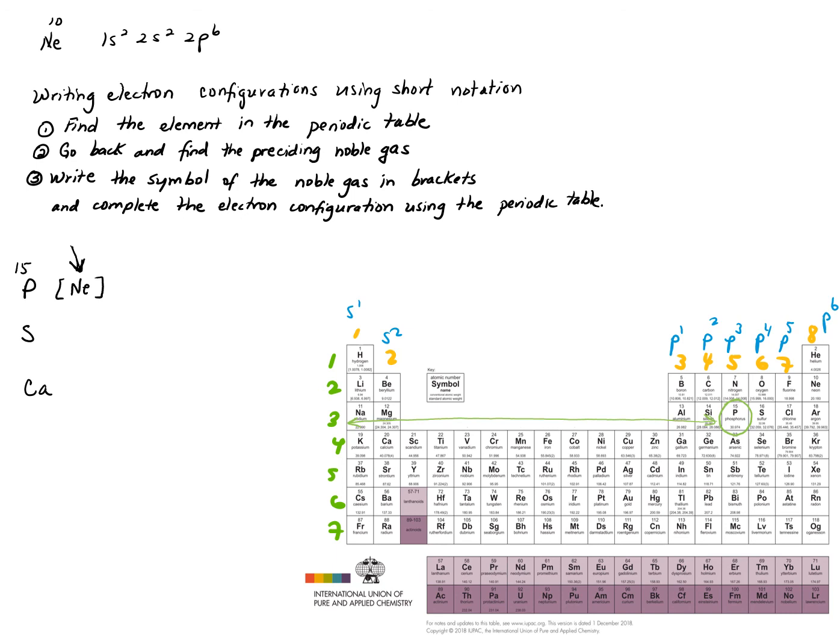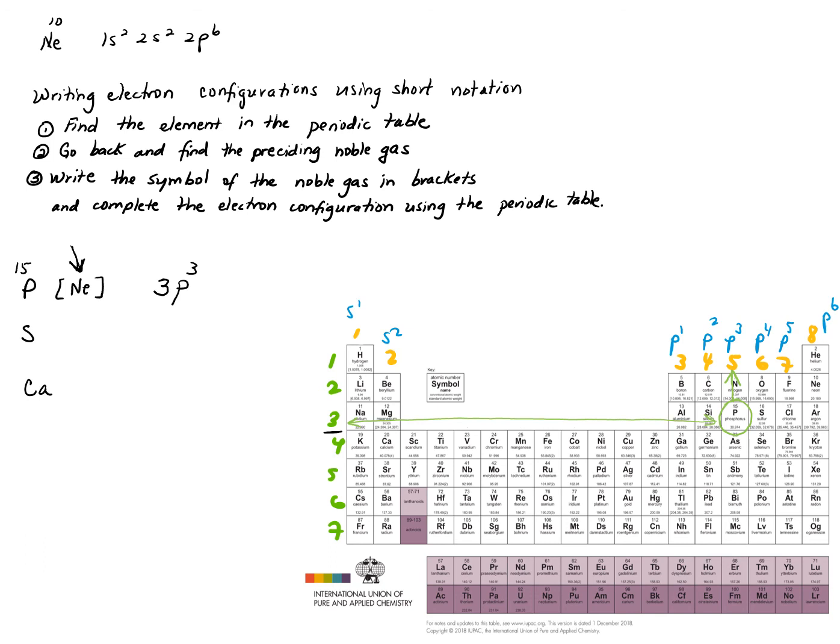Phosphorus is in group 5. The last thing that we write down on the electron configuration for group 5 is p3. So I'm going to write down that right here, p3, from the periodic table. That p orbital is on the third energy level because phosphorus is in period 3.